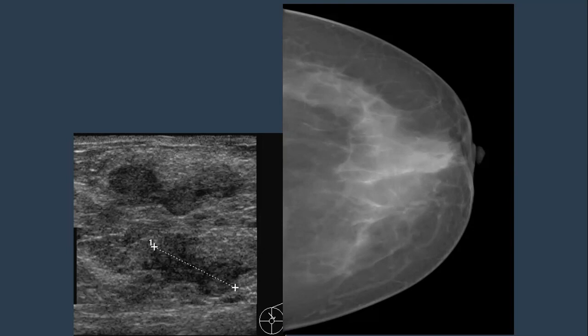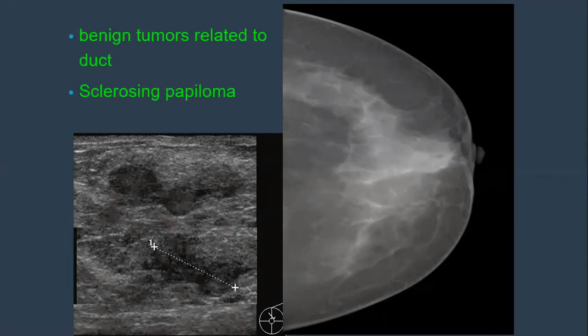Yes. Same as what happens with fibroadenoma can also occur with papilloma. This is a rare entity that can result in architectural distortion, sclerosing papilloma. Okay, but this is the case. This benign tumor related to the duct was a sclerosing papilloma.